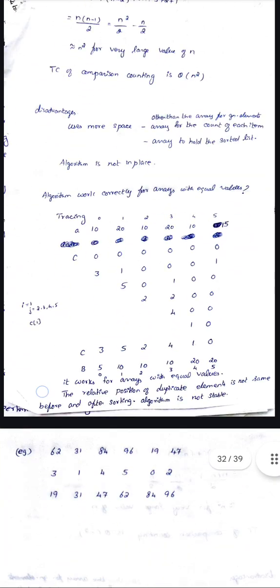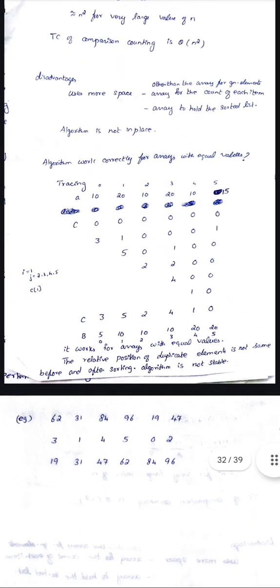Disadvantages: it uses more space. Other than that, the algorithm works correctly for arrays with equal values as well, because we use the criterion as less than.